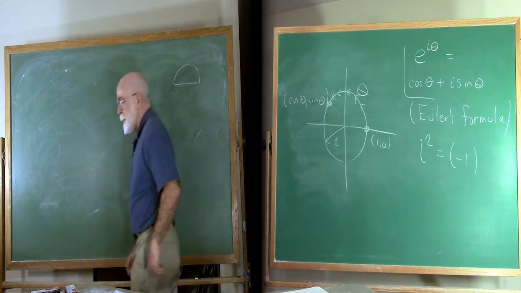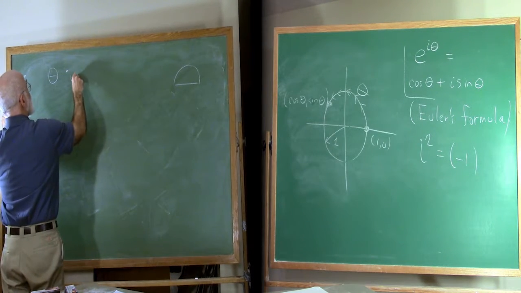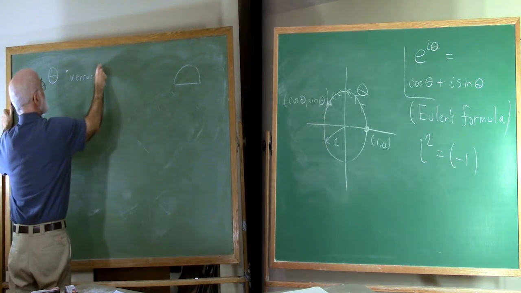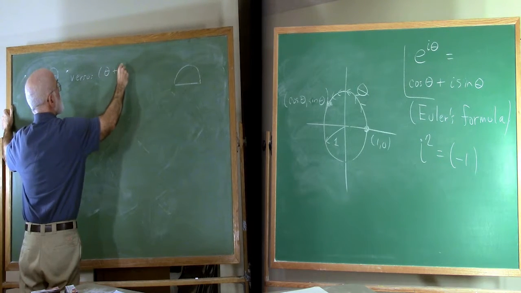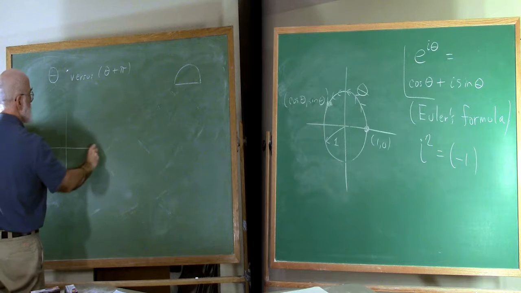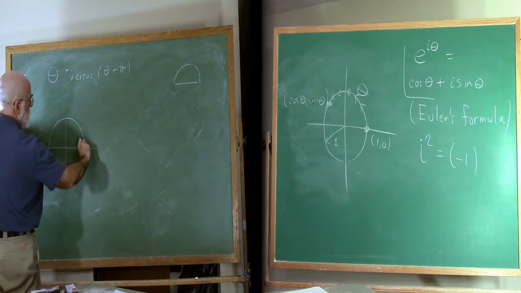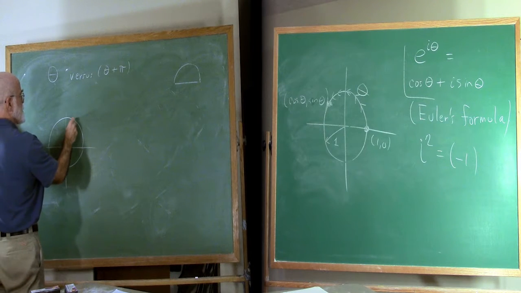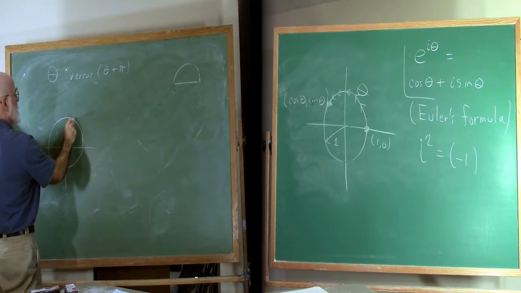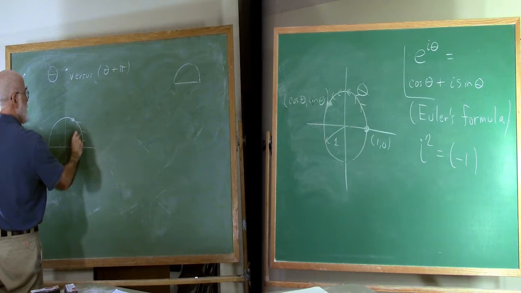Next, I'd like to look at theta versus theta plus pi. Let's say theta put us right here. That would be an arc length of theta.